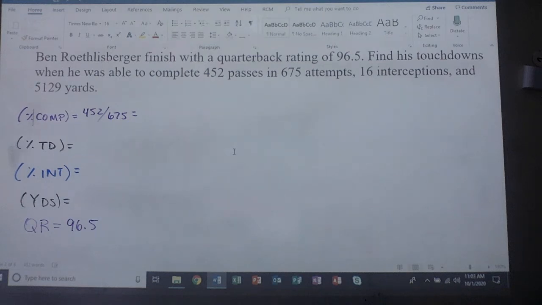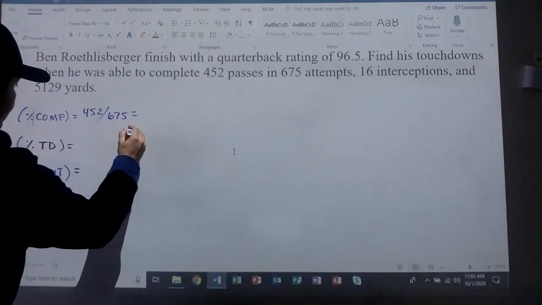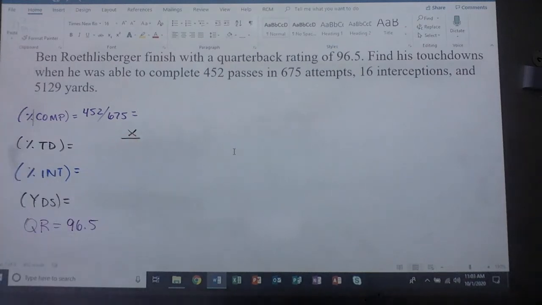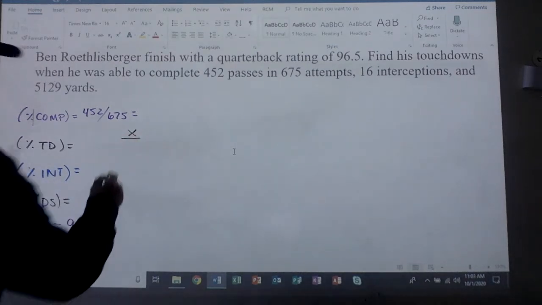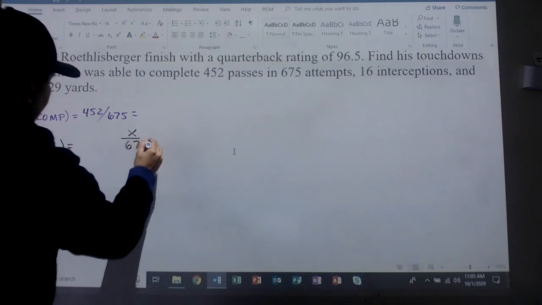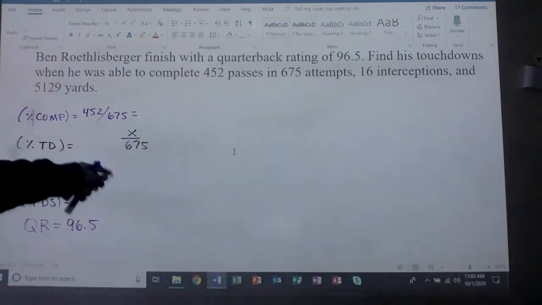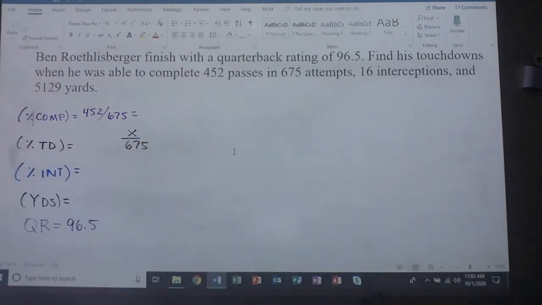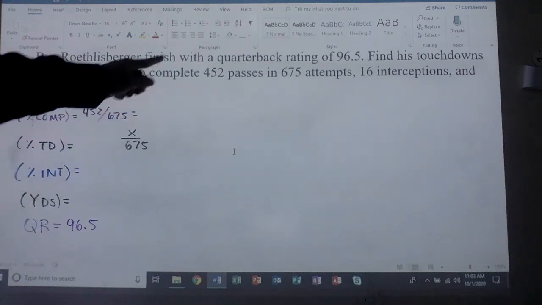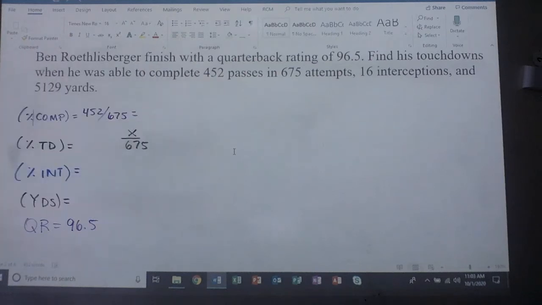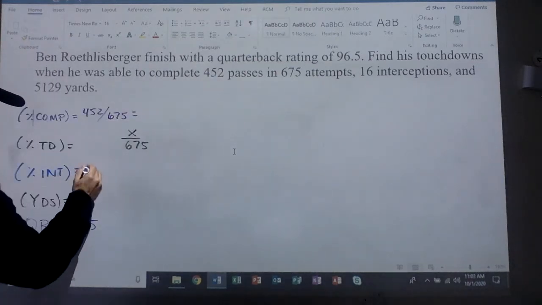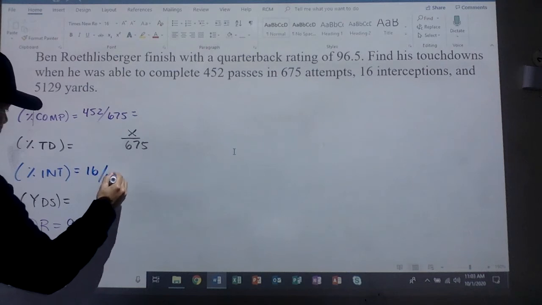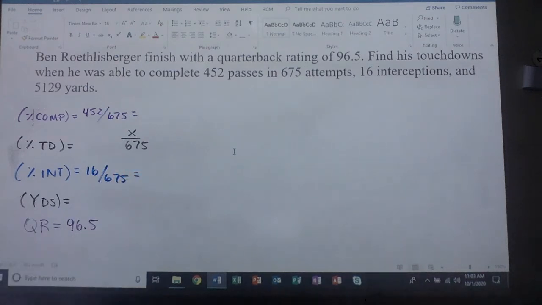I know touchdowns. I don't know them. But I do know how many attempts. I suggest you put it in this form. Leave space, because I'm about to do something else at the end. Interceptions. Well, 675 attempts and then 16 interceptions. Finally, my yards, 5,129.